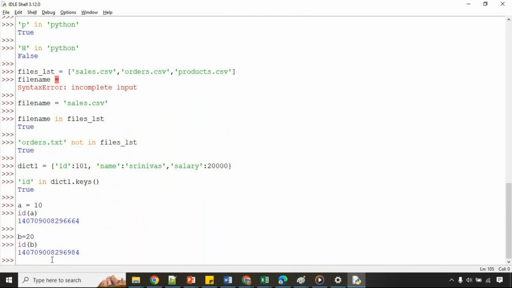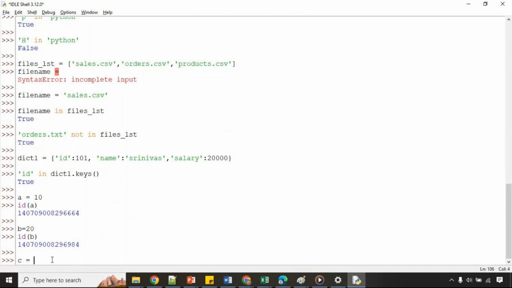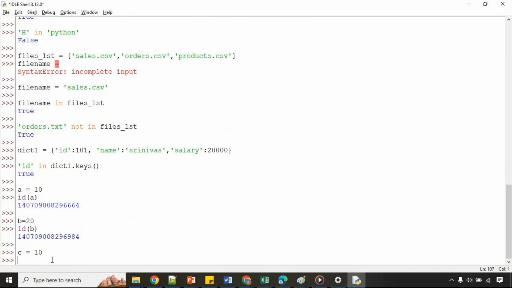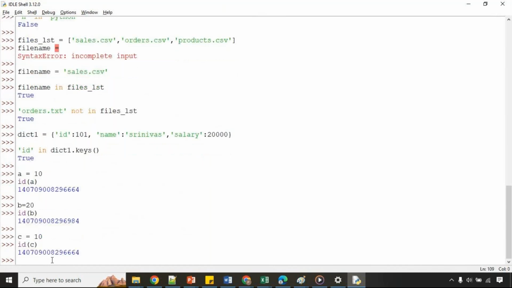Now observe here, c equal to 10. Now id of c. If you observe, both addresses are the same.